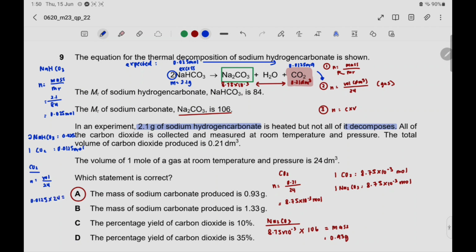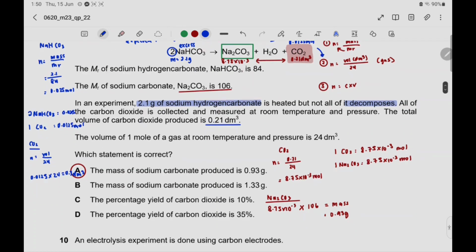Okay, give me 1 second. I try to calculate them. You should be able to get 0.3 dm cubed. Wow. You see, I only get 0.21, which is lesser than my expectation.